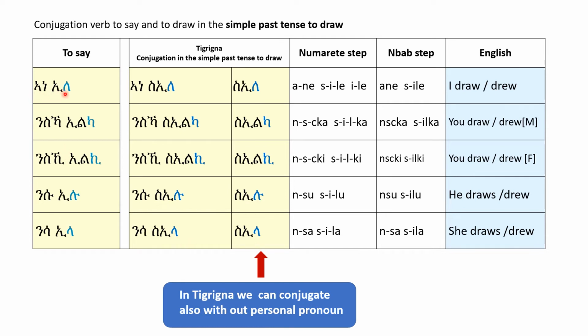Ane ile, nisra ilka, nisri ilki, nisu ilu, nisa ila. Ane siile, nisra siilka, nisri siilki, nisu siilu, nisa siila.